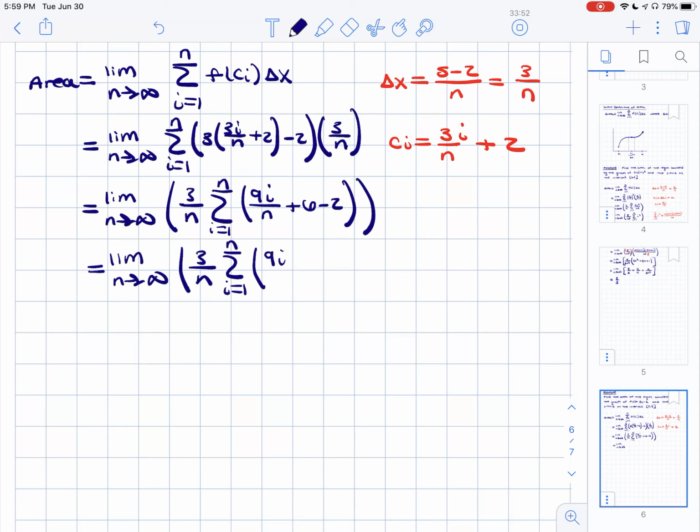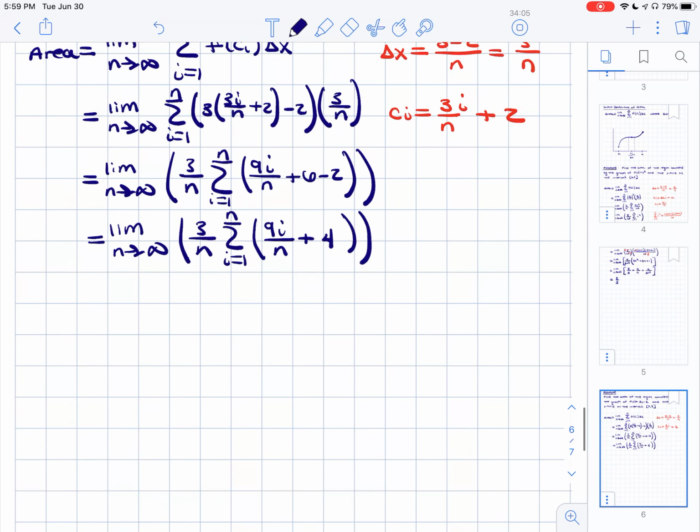So that would be a 9i over n plus 4. Okay, so on this one, what we can do, because we have the sum of these two different things that are added together, I'm going to split this up into two different sums.